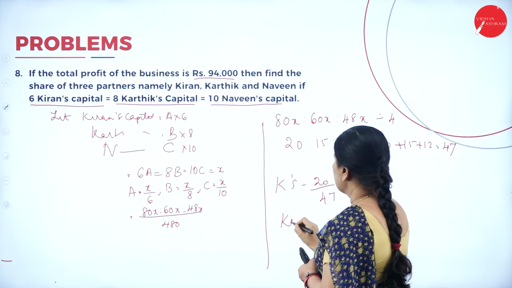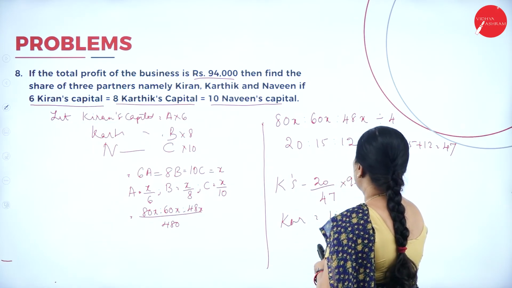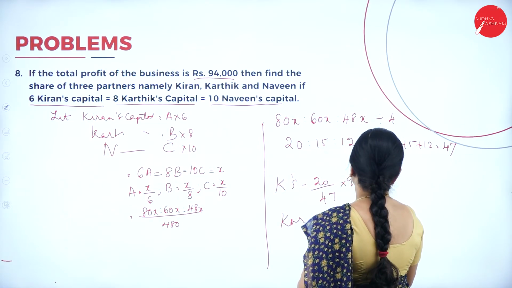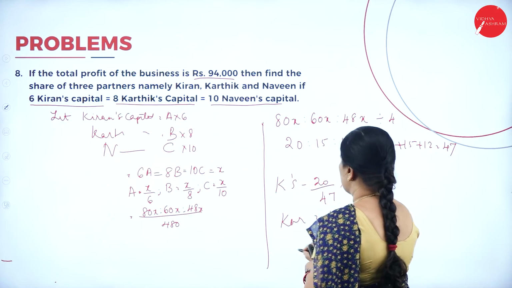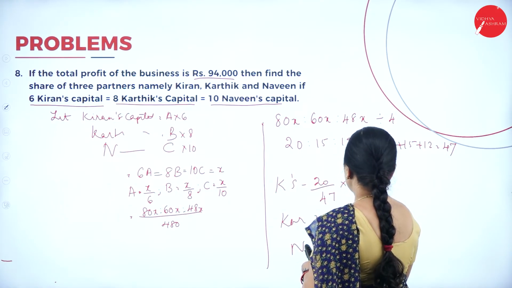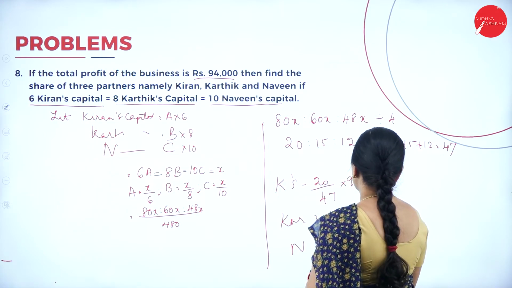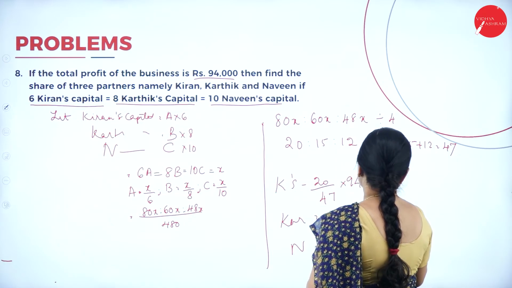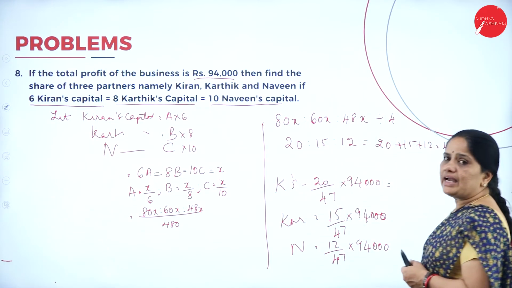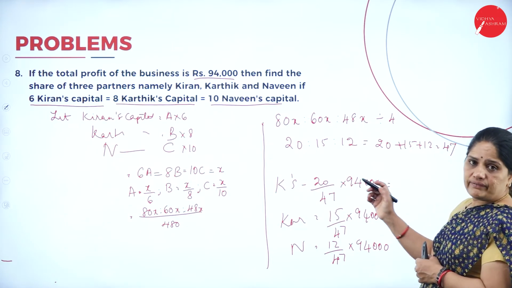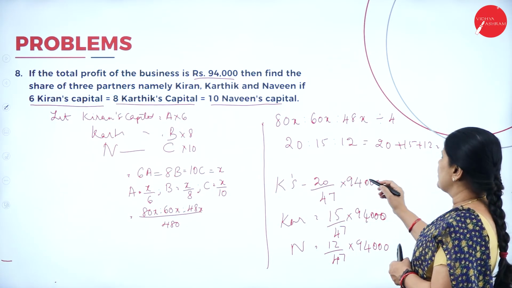Then Karthik's share will be 15 by 47 into 94,000. Then Naveen's share will be 12 by 47 into 94,000.